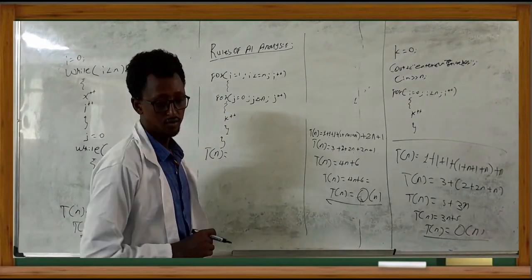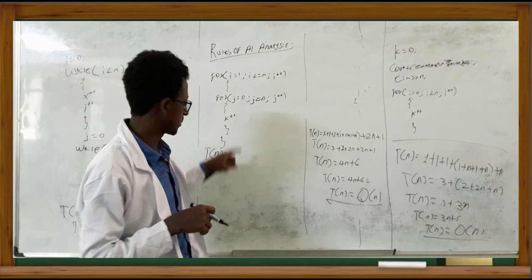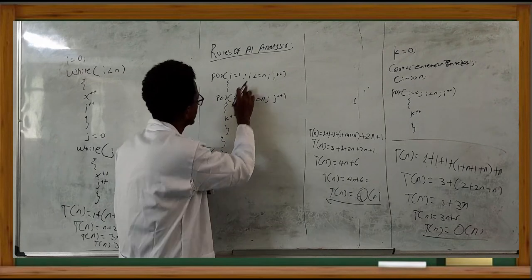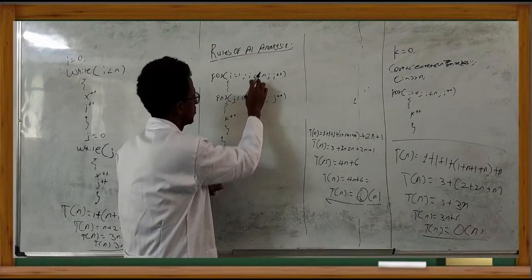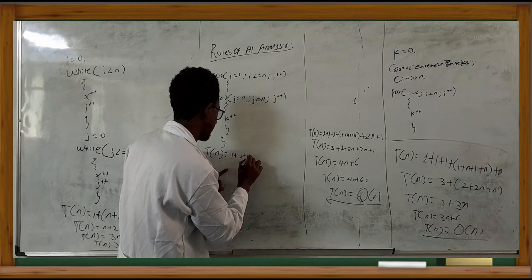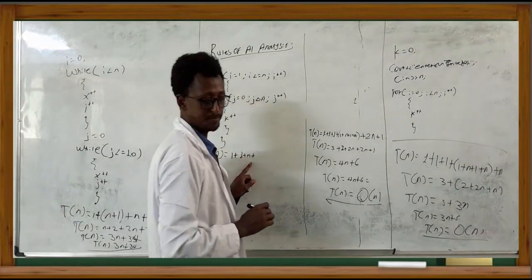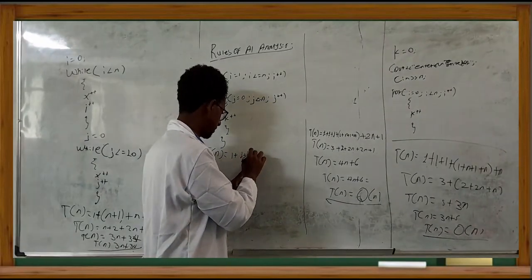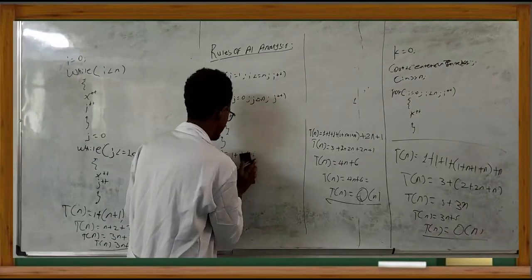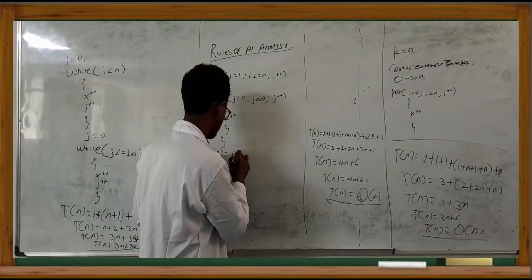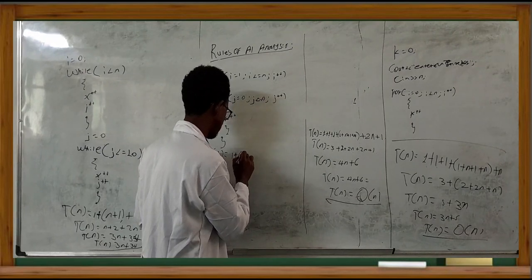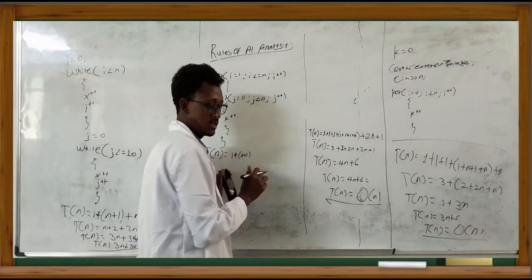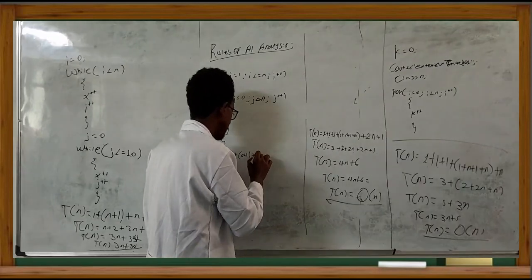Starting from the first one: for the assignment operation 1, plus for the condition operation 1 plus n time units, and for the next one 1 plus n plus 1 for the condition check, and for the increment, 1 plus n.